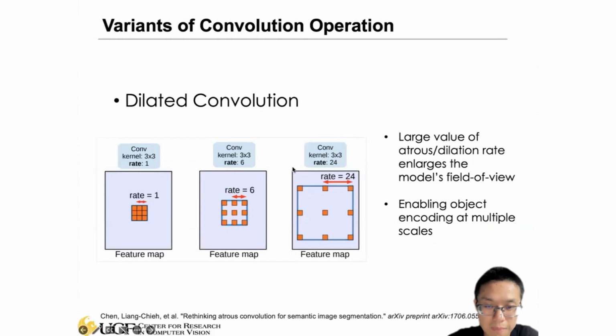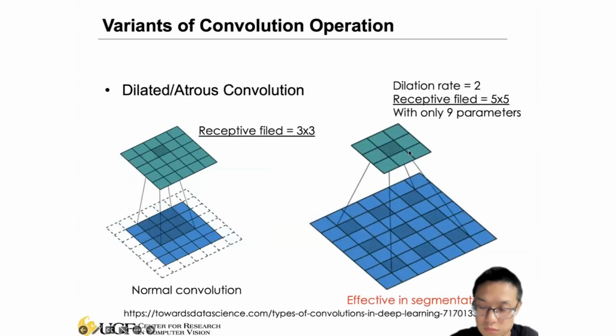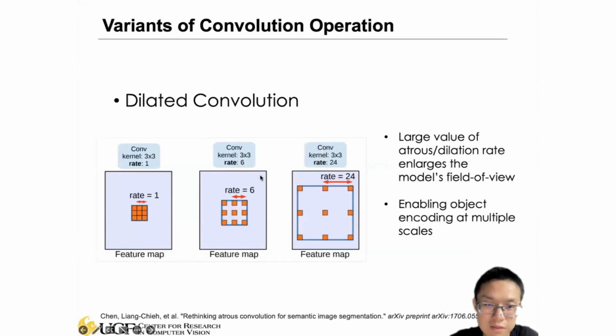In the previous slide, the example has a dilation rate of 2. You can specify the dilation rate, and a larger dilation rate means you can see a larger receptive field size.